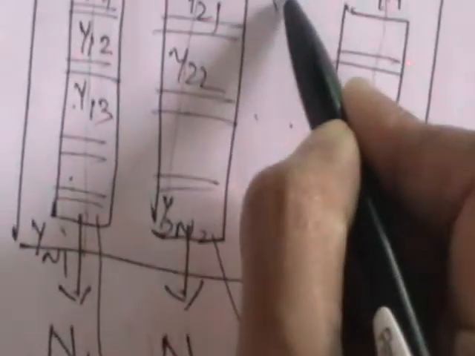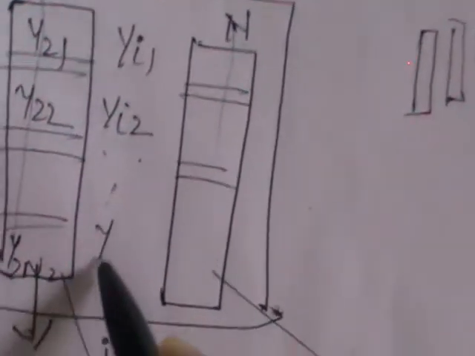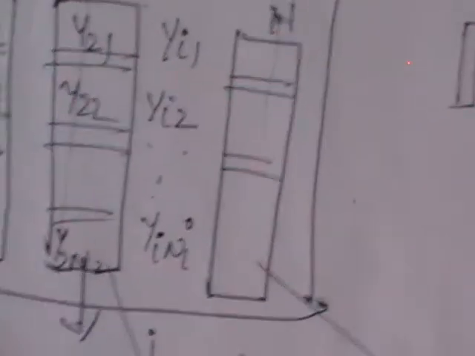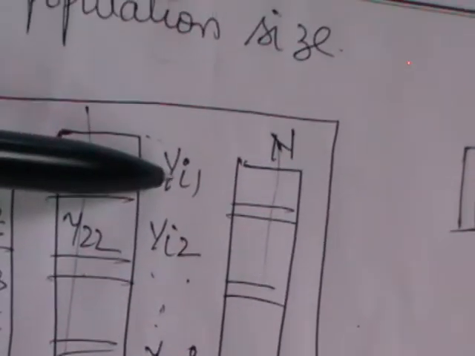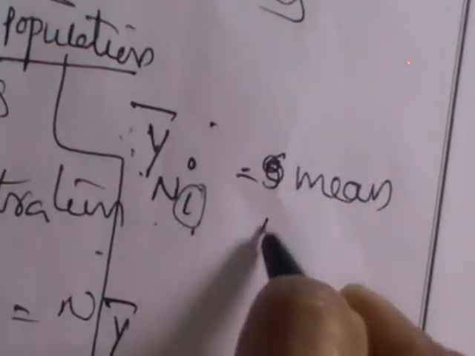If you consider the ith stratum, Yi1, Yi2, up to YiNi. As I said, the first suffix stands for stratum. Y bar i is nothing but the population mean of the ith stratum.